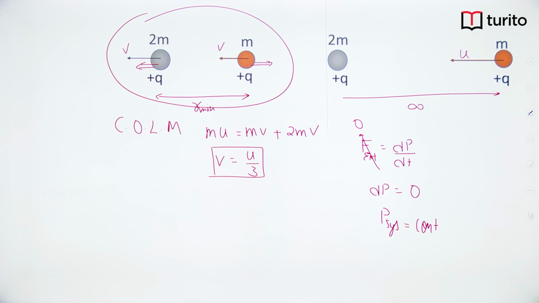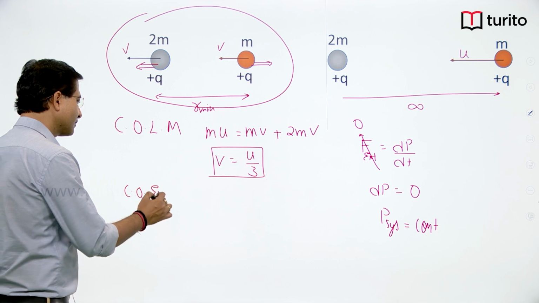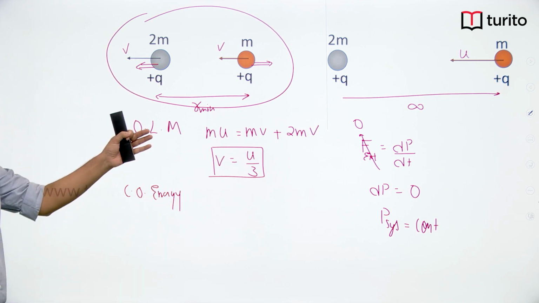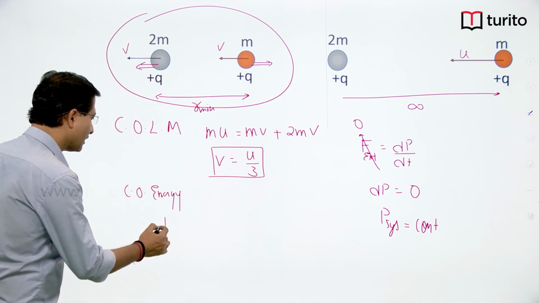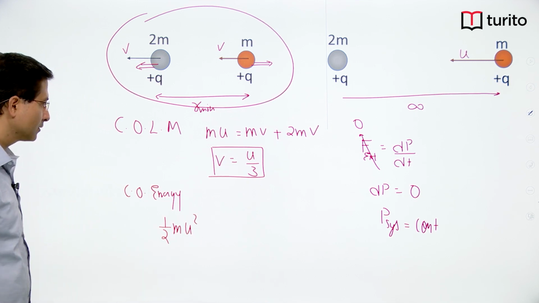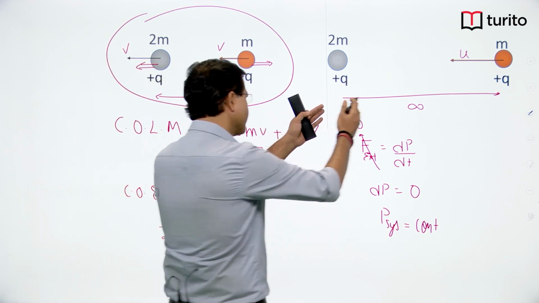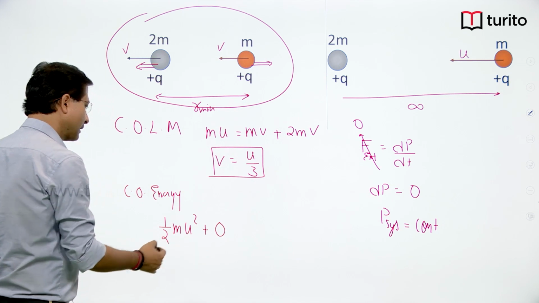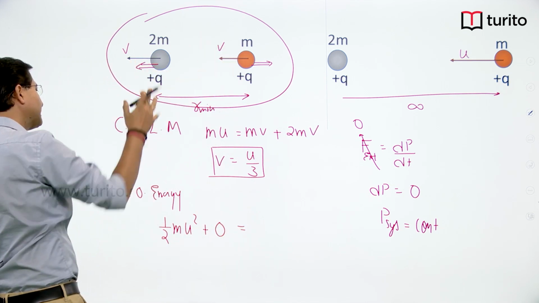Now, I can conserve energy, conservation of energy. So, initial mechanical energy must be equal to final mechanical energy. Initial mechanical energy is kinetic energy half m u square plus initial separation was infinity, so potential energy 0, is equal to final kinetic energy and potential energy.